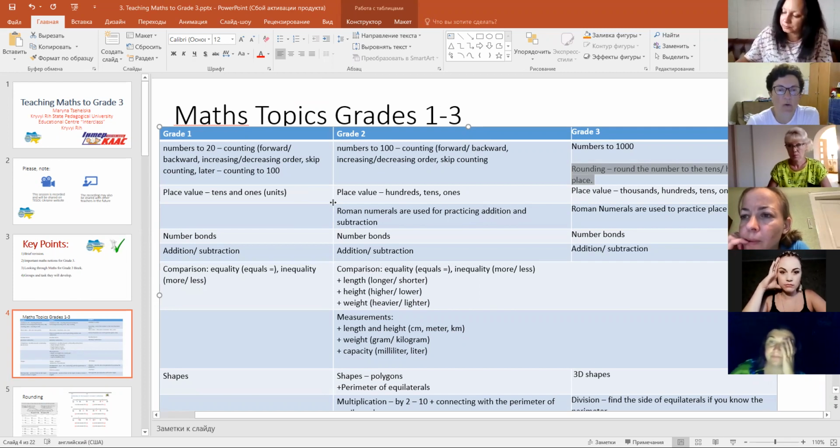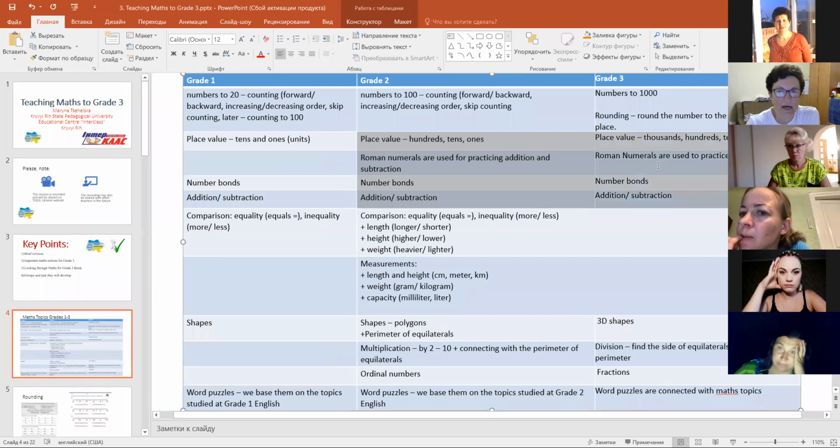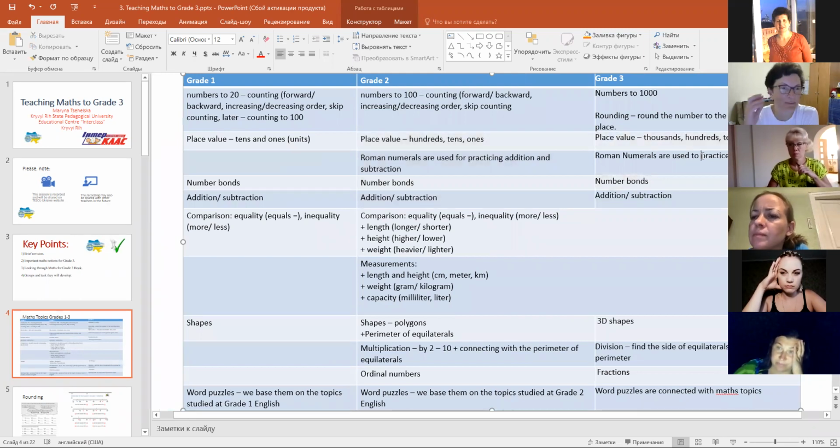So then we do place value, and now place value is already thousands, hundreds, tens, and ones. And imagine what is important. Just yesterday I talked to Anya. Anya teaches math for interclass, and she said, you know, I know what place value is for when we talk about Roman numerals, because Roman numerals really help us to practice place value.